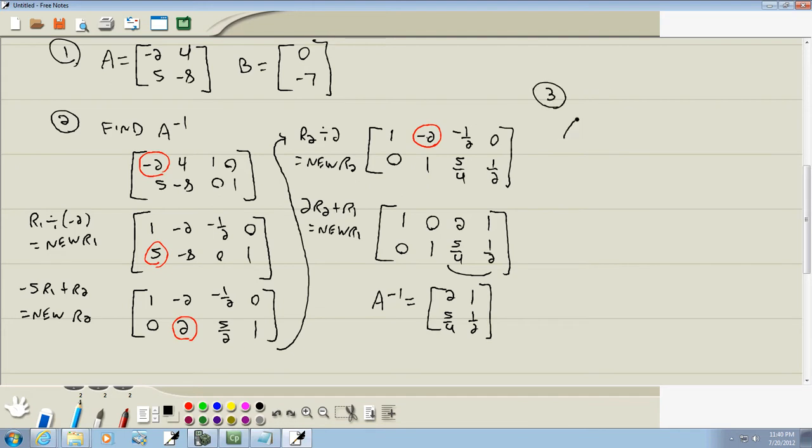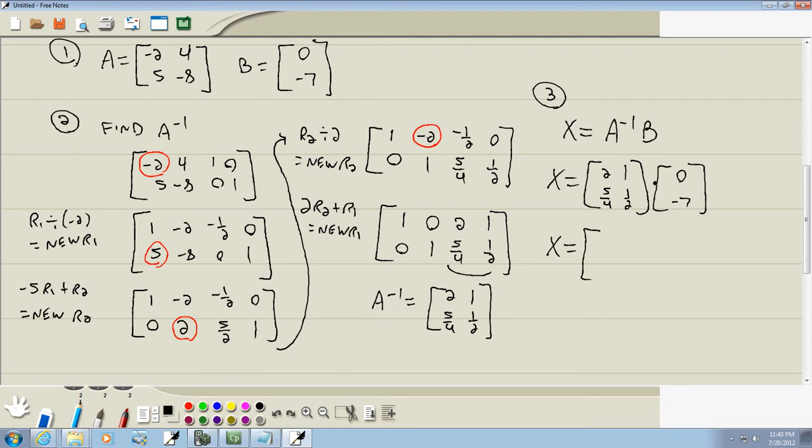Okay, so step 3. Our answer is going to be given by this formula. We're going to take x, now this is x as in our variable matrix, is equal to your inverse times b. Well, the inverse was 2, 1, 5/4, 1/2 times b, which is 0, -7.